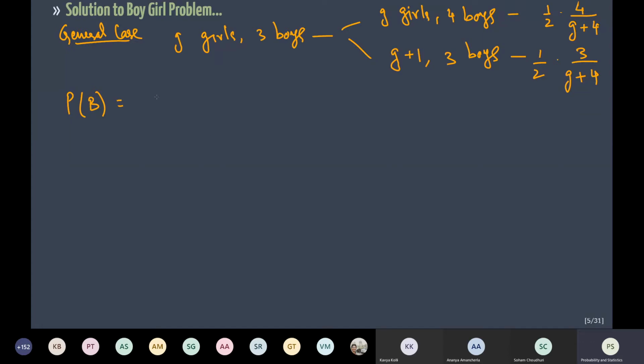If we do the calculation, how much will this turn out to be? We have to add these. So if we add this, we have 2 and 1.5, so 3.5 divided by G plus 4.